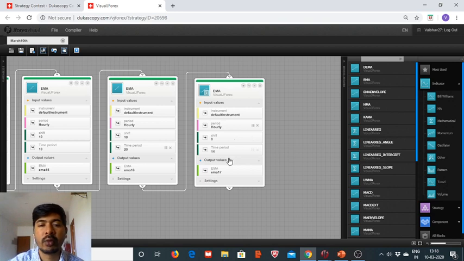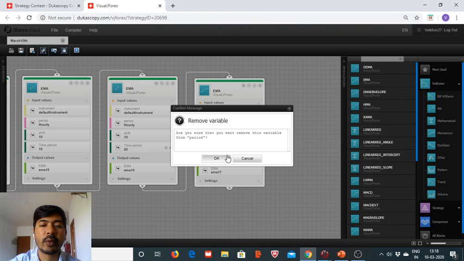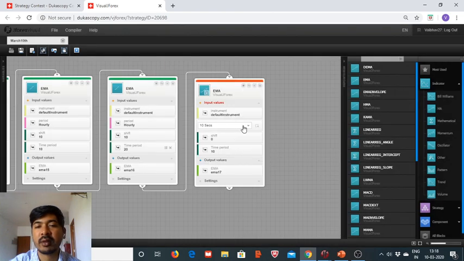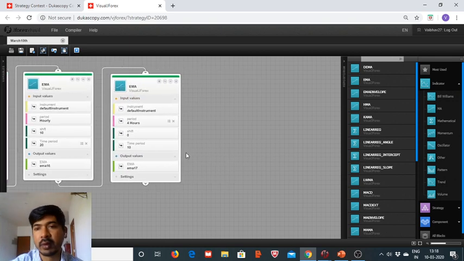Shift will be 0. Time period will be 10. And here I think I overlooked it. It's kind of an error of omission. The time period should be 4 hours. And one more.